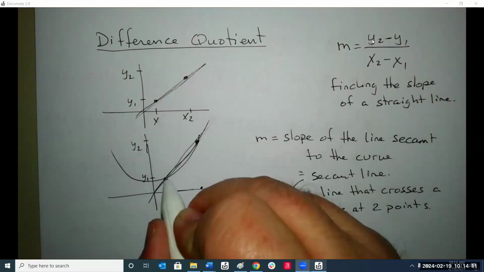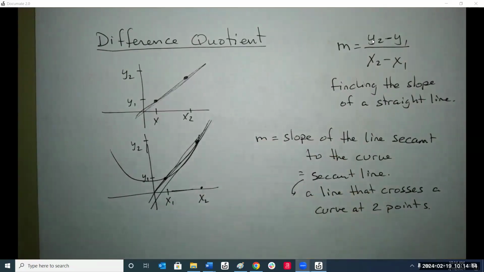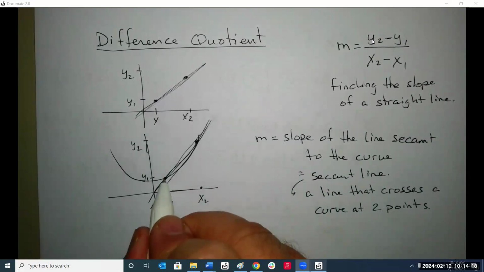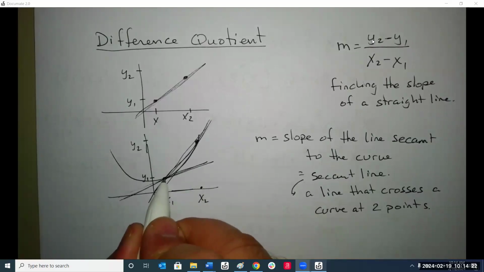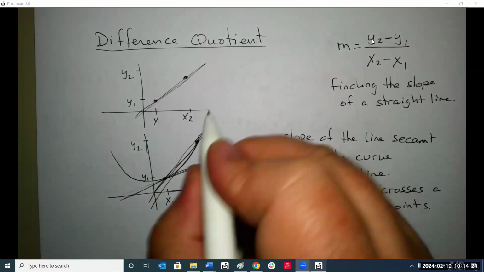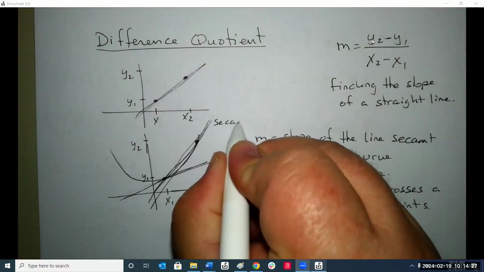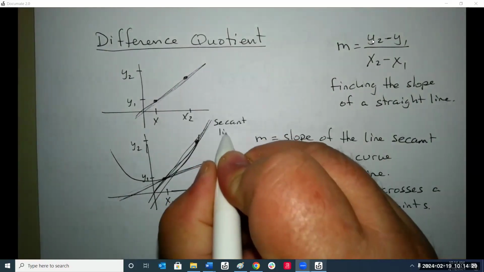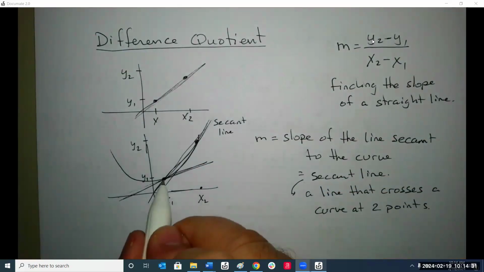It starts here and ends here. It's a line that goes between them. We want to know the slope of the curve where it touches at 1 point. This is the secant line.